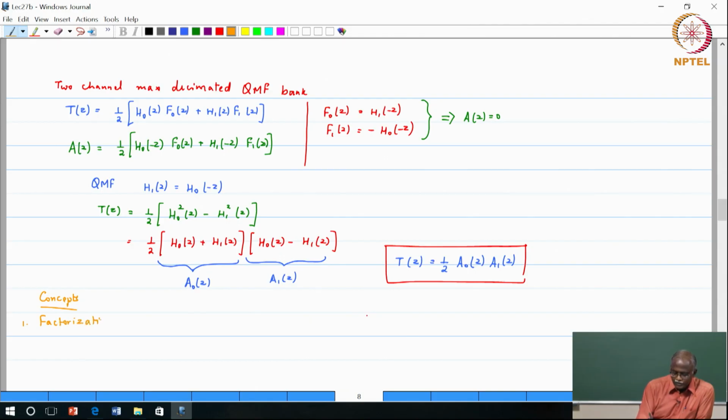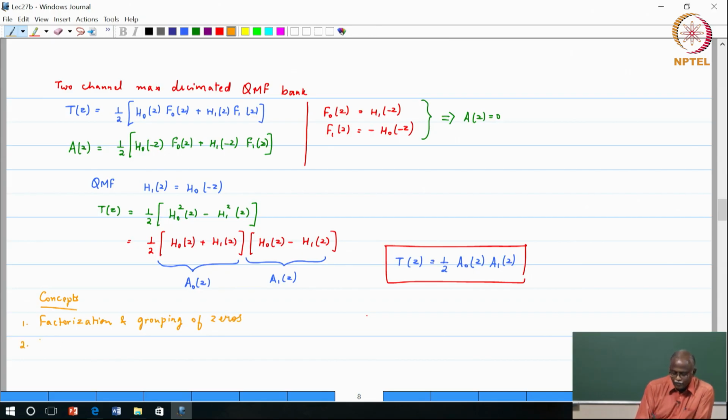We saw that in the design of the all pass decomposition part. So basically you took the zeros of P0 plus P1, the zeros inside the unit circle, outside the unit circle, and then factored it and said this one goes into D of Z, the other one goes into D tilde of Z. So factorization and grouping of zeros, that is an important tool that we have leveraged in this section.